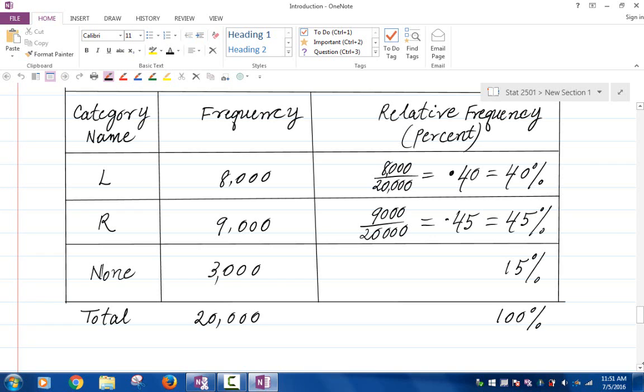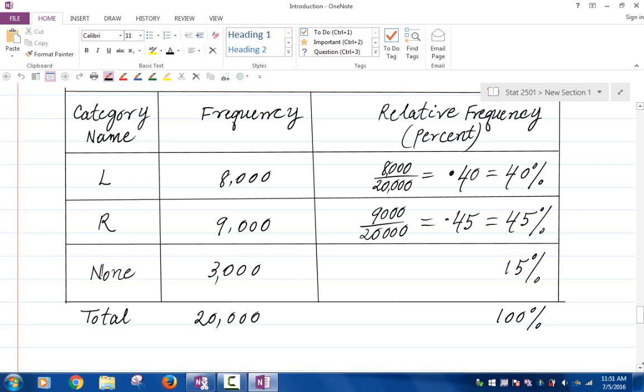Now, for each category, I looked at the relative frequency, or percent. What is the relative frequency? I divide the frequency of each category by the total frequency, the total size of the sample.